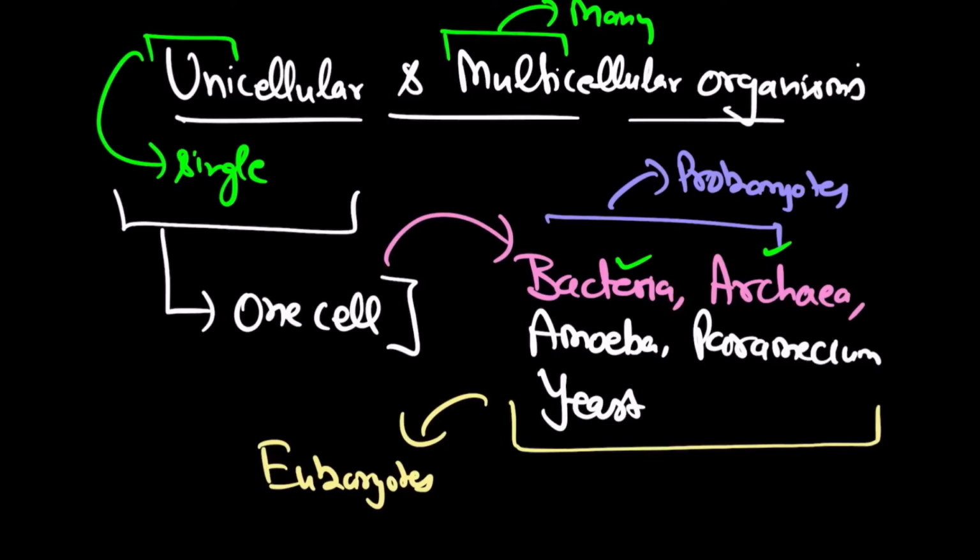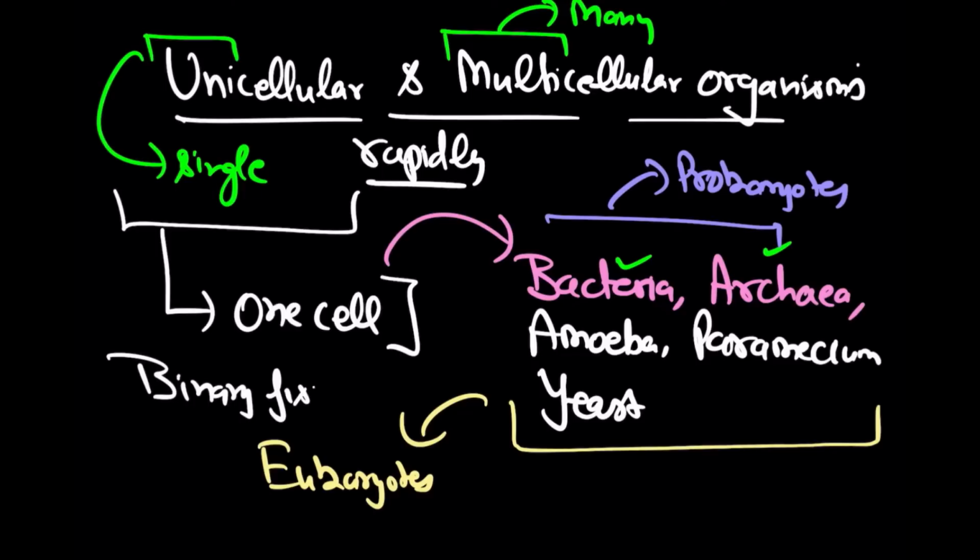Now here I just want to tell you, generally the unicellular organisms divide and multiply rapidly. Hopefully you remember that bacteria generally divide by the process of binary fission.